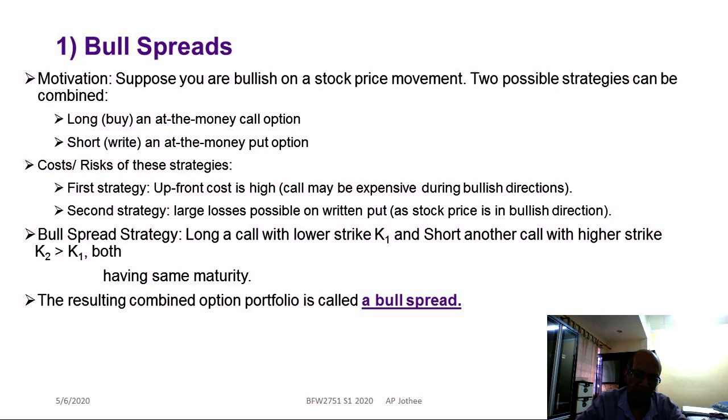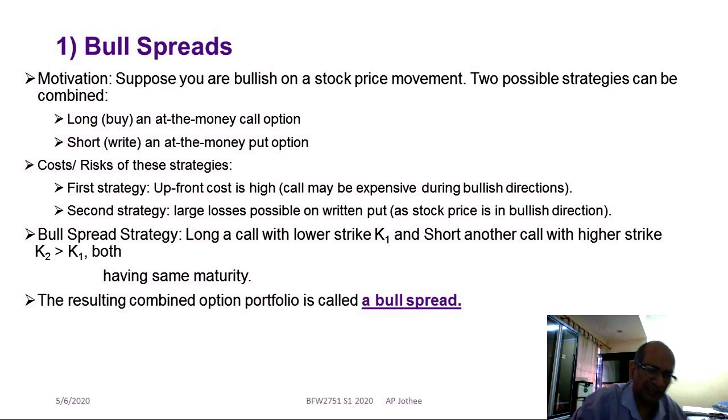To subsidize that premium, you have written a short put. If the price goes up, of course that put won't be exercised. Your premium is very low compared to the premium you paid for the call option. Therefore, we don't use that strategy.